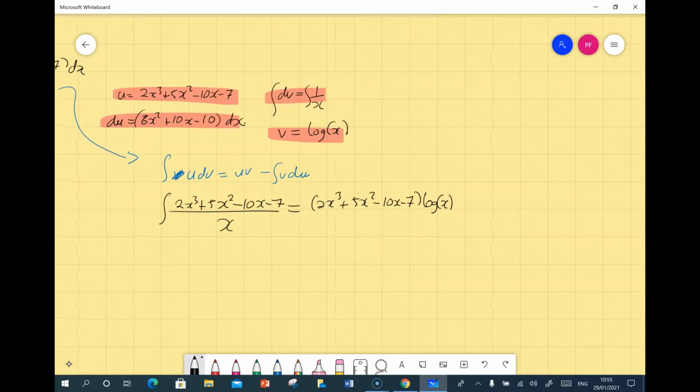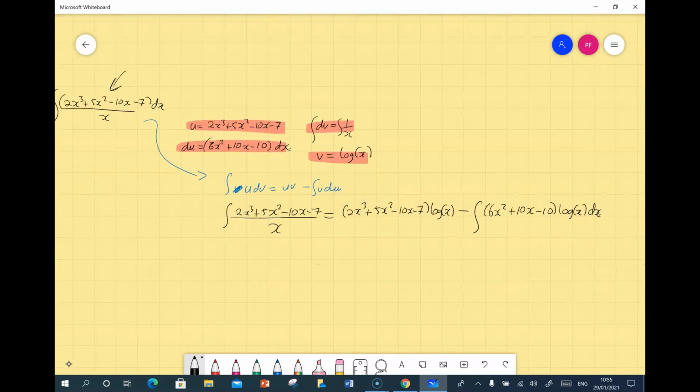And then I am minusing the integral of v du, which is 6x squared plus 10x minus 10 times the natural log of x, dx.